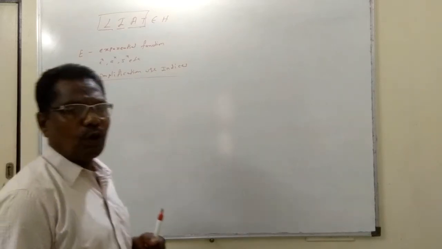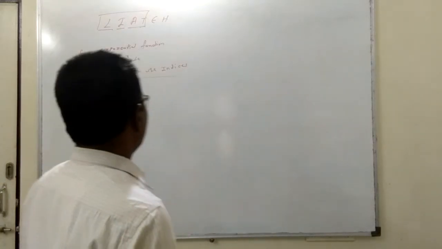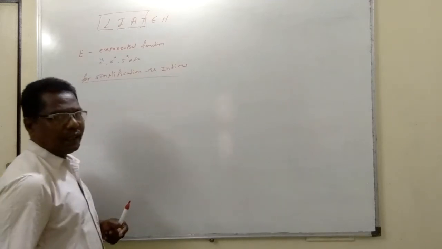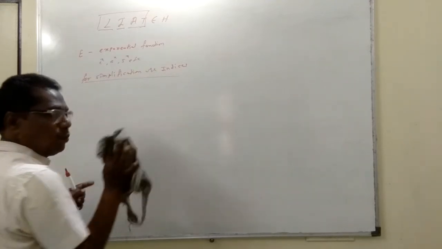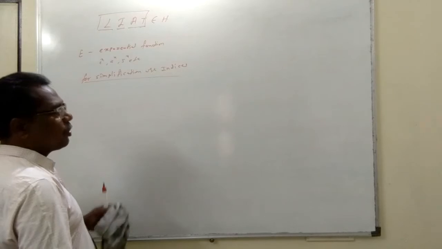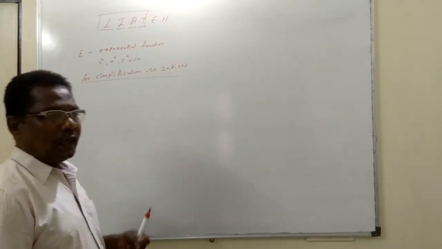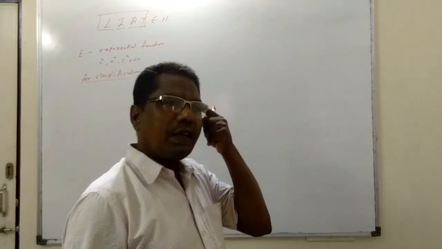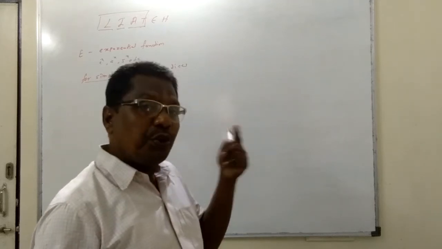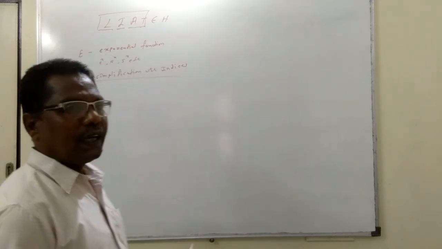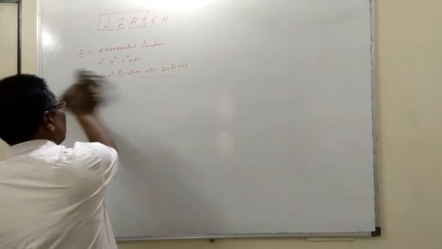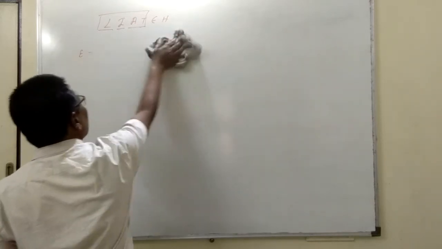You follow the video of introduction to algebraic function, and you will get this formula of indices. So keep this one. When the exponential function comes in an example and you want to simplify, recall the indices in your mind and use them. You will get the calculation part of that exponential function.